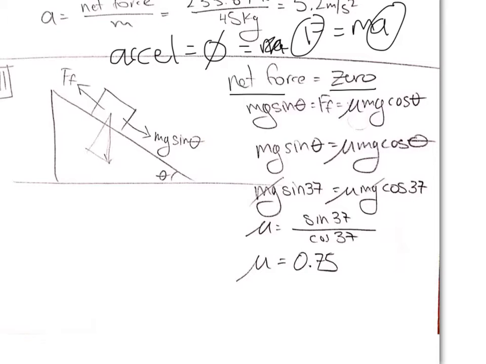So, the parallel component of her weight is exactly balanced by the force of friction. And we plug in, notice how mass times acceleration due to gravity cancels out. Solving for mu gives 0.75.